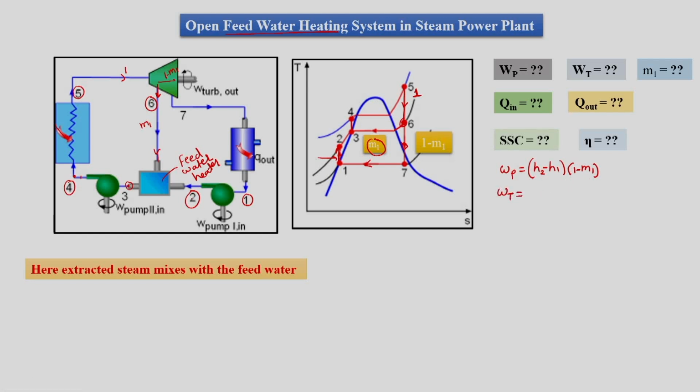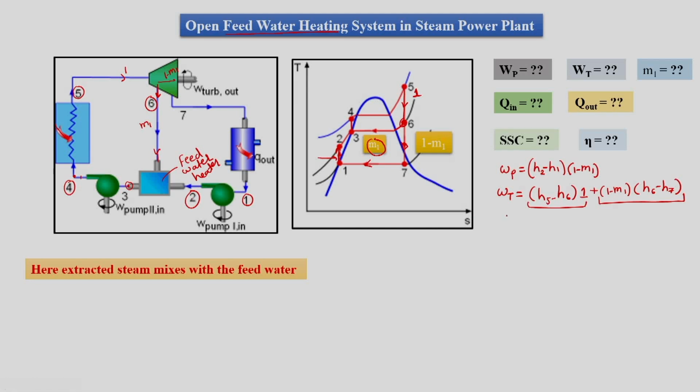What is Wt here? Wt is simple, which is H5 minus H6, but this is the complete expansion of unit mass, while the rest of the mass, which is 1 minus m1, will expand from H6 to H7. This is the expansion of the rest of the mass. So first expansion plus second expansion. Such a formula we also considered for reheating, where we had two turbines, high pressure and low pressure, but here we have only one turbine, with a change in mass.